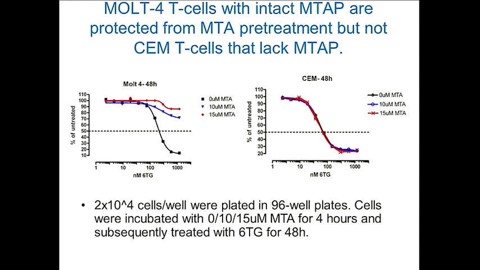In contrast, the 4-cell line, which has intact MTAP, is protected from the lethal effects of 6-thioguanine by pretreatment with methylthioadenosine. So this is kind of a surrogate for normal cells.